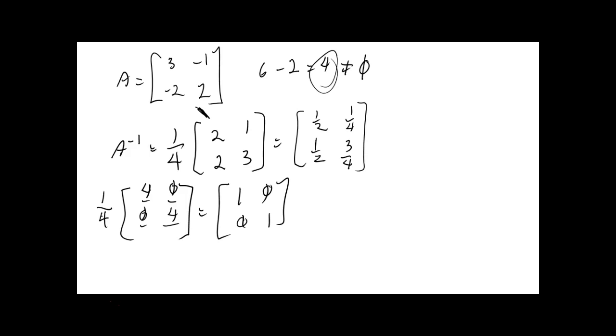If it's non-zero, then take that determinant and put the reciprocal of that out front. The determinant was 4, so you put a 1/4 out front. And then, it's so simple, you reverse the main diagonal, put the 2, 3, and then negate the off diagonal. There it is. It's done. That is your inverse of a 2 by 2 matrix.